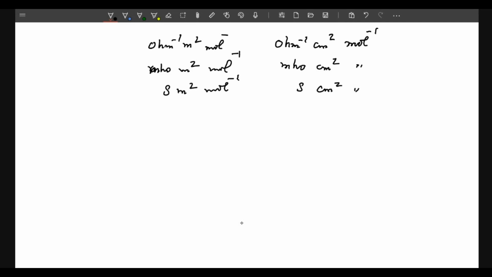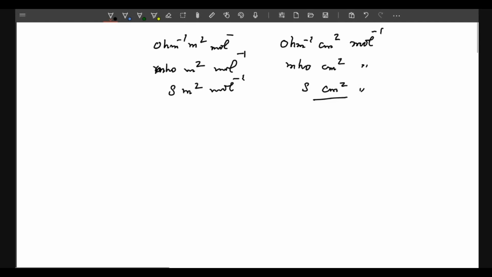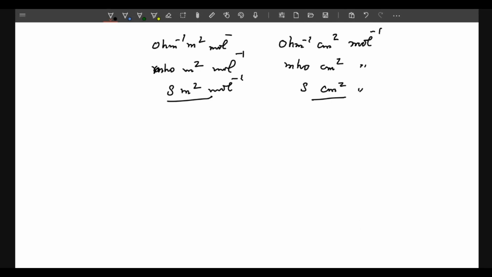And you know the relationship, as usual, as in the equivalent conductance: 10 power 4 Siemens centimeter square per mole is equivalent to Siemens meter square per mole. This is the unit for this.